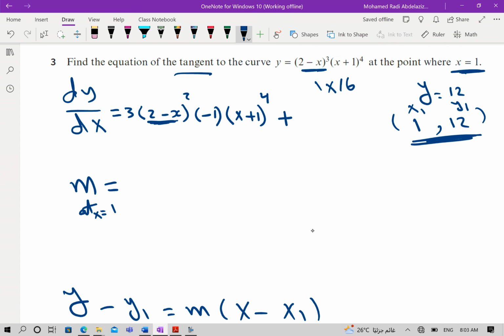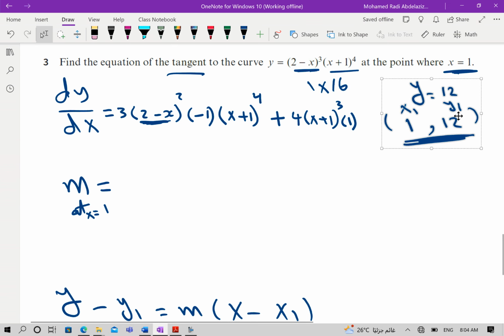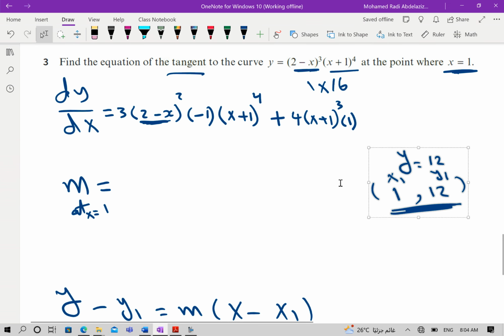Plus the differentiation of the second, which will be 4 times x plus 1 all to the power of 3. Then the derivative of the expression is 1, no need to write it. Then multiply by 2 minus x all to the power of 3.